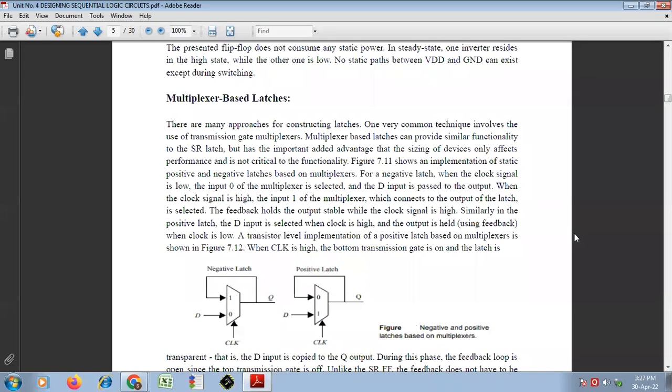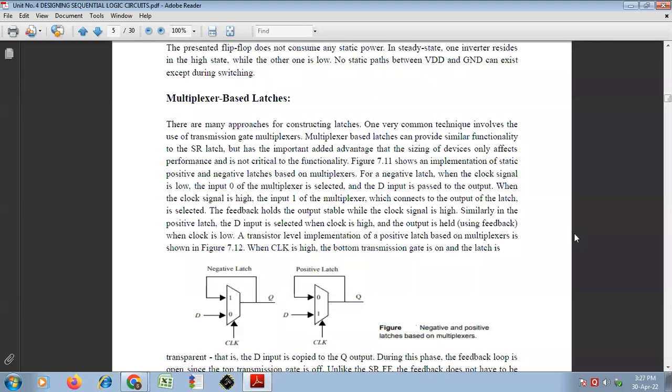This multiplexer based latch can provide similar functionality to the SR latch, but has the important added advantage that the sizing of devices only affects performance and is not critical to the functionality.